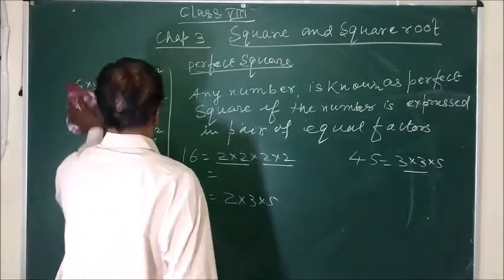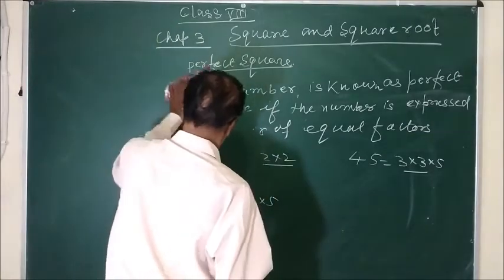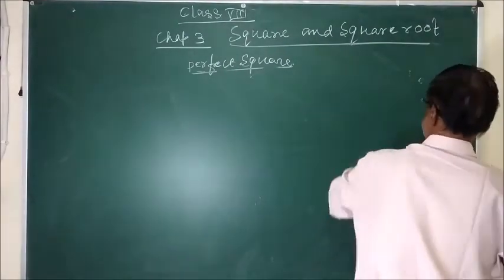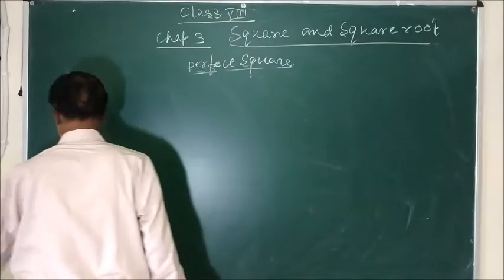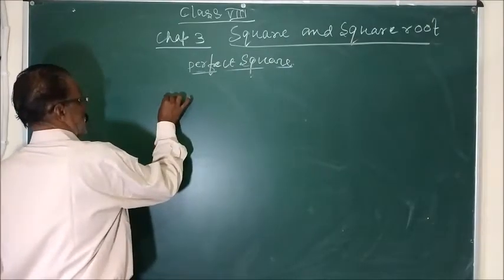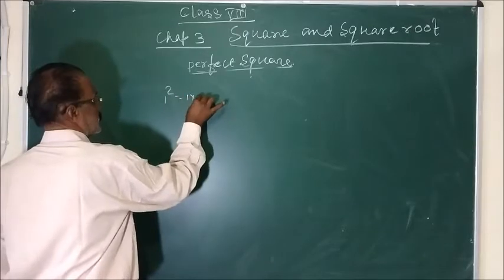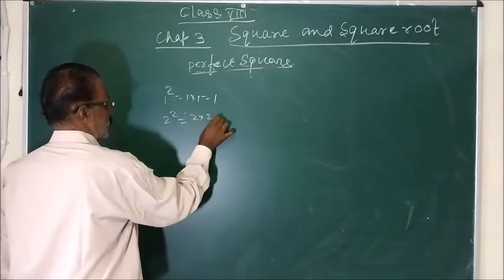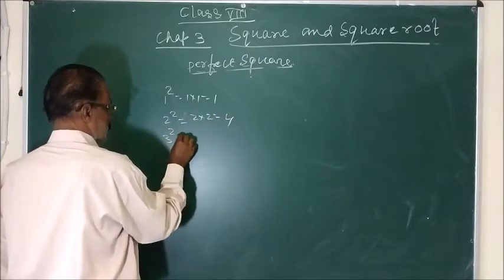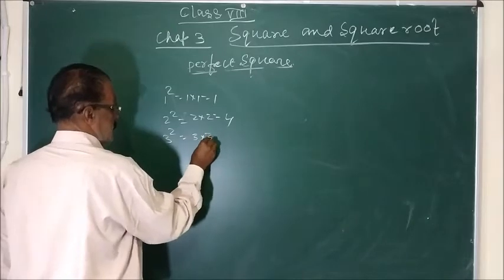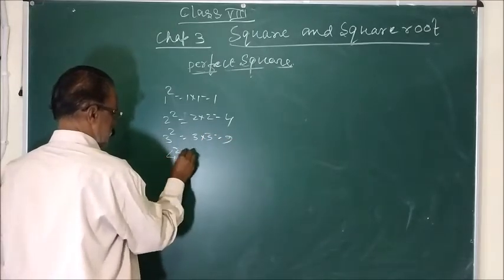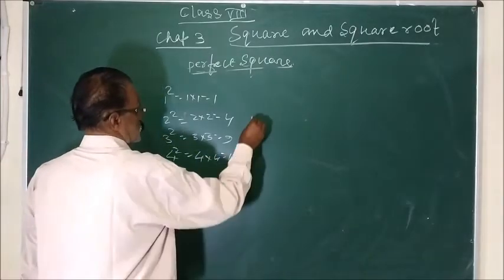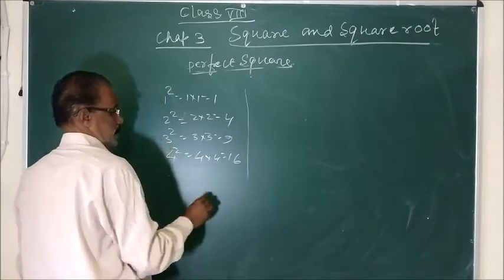Now you see, I give you some more examples of how you will find out by watching the digits in the ones place, without finding the factors. Suppose 1 square, 1 into 1 is equal to 1, 2 square, 2 into 2 is equal to 4, 3 square, 3 into 3 is 9, 4 square, 4 into 4 is equal to 16, and you can give more examples.